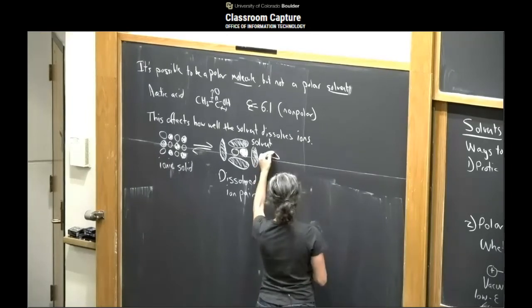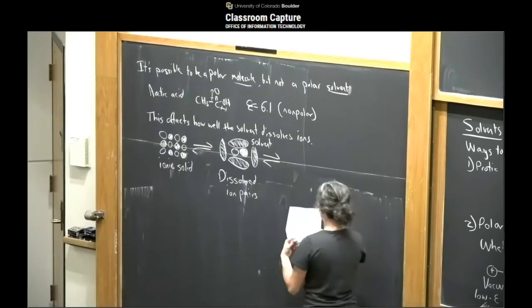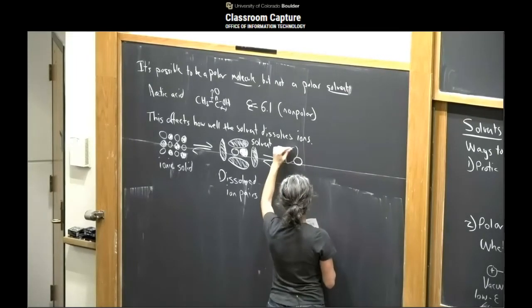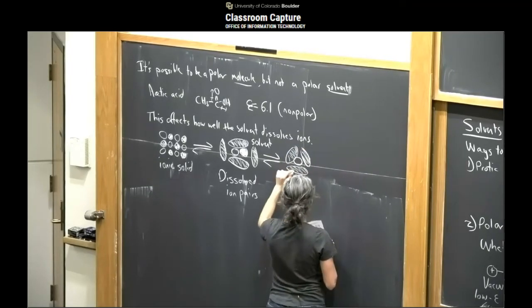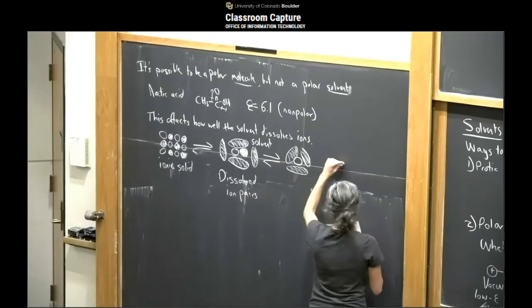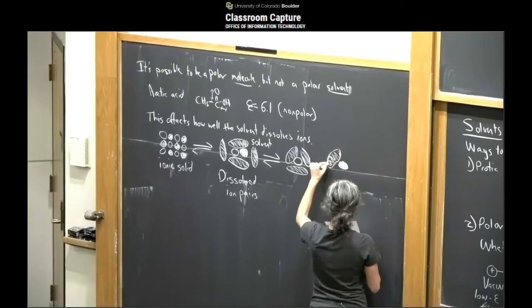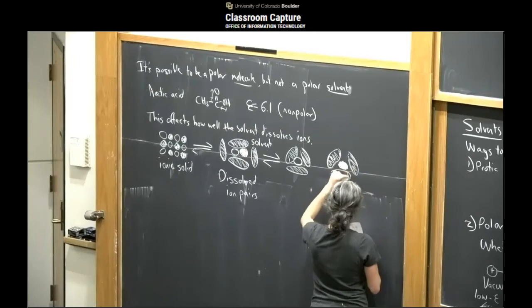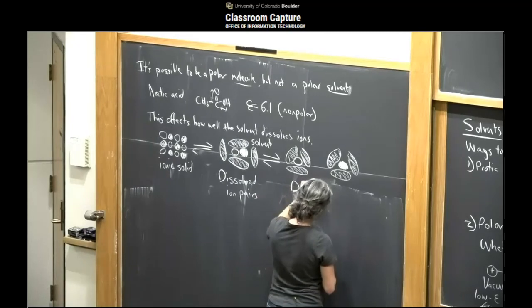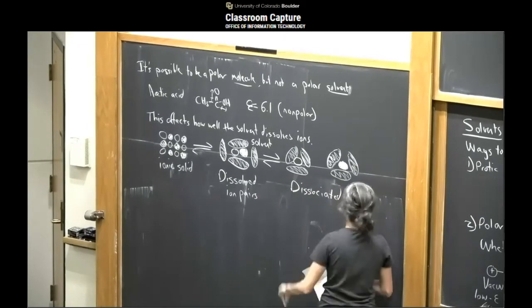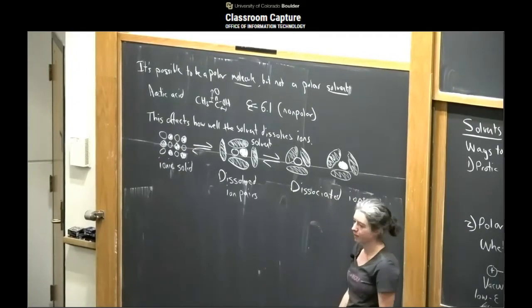And if you continue to dilute the sample down or give it more incentive to split up, you're going to get dissociated ions, where each individual one has its own separate container, or solvent cage, of solvent molecules around it. Okay, so these would be dissociated ions.